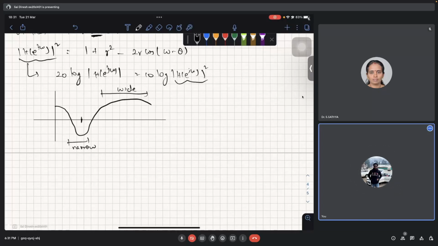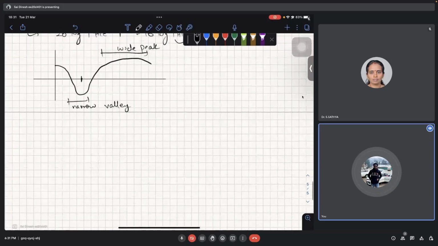So a wide peak and a narrow valley. So this is the magnitude response of a system with a single complex zero.